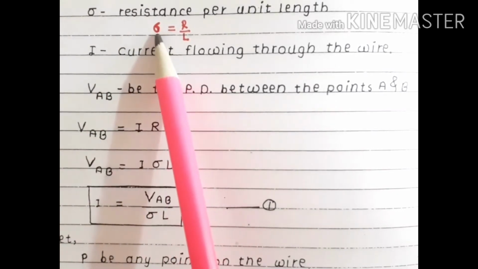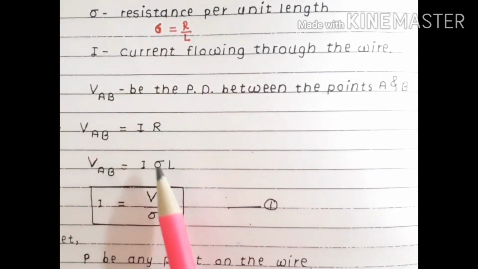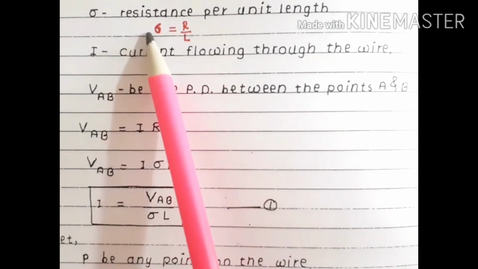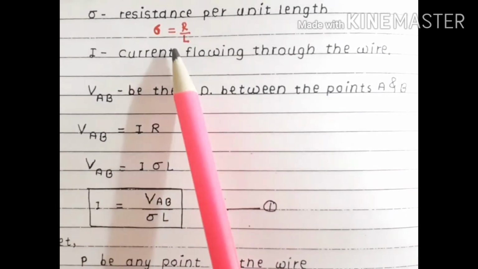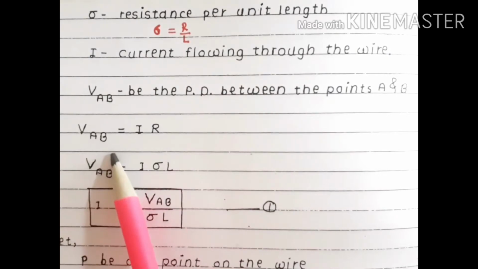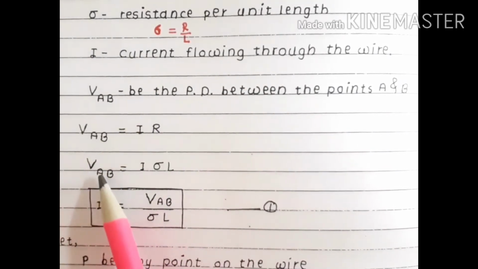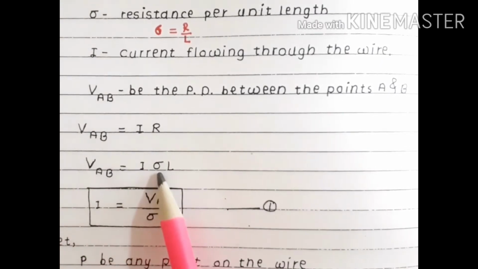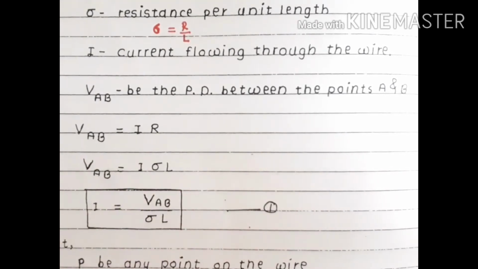See this formula: sigma is equal to resistance per unit length. Therefore, from this formula I am able to write that capital R is equal to sigma into L. Therefore, the potential difference across wire AB is equal to current into sigma into L. Sigma into L is nothing but the resistance of wire AB.